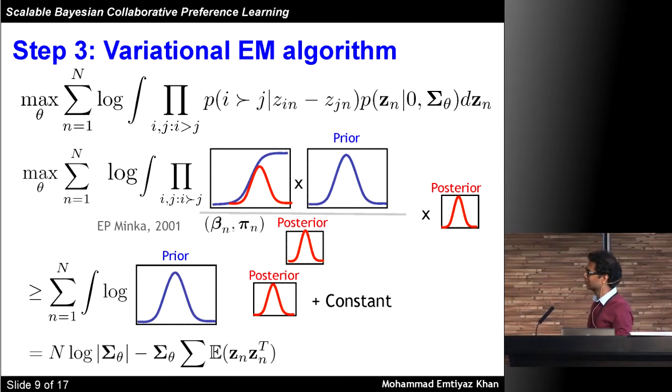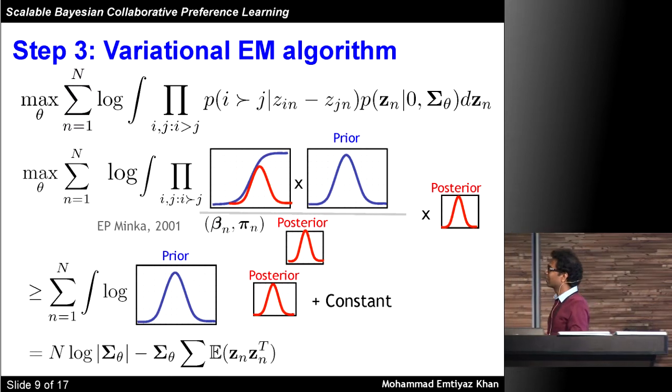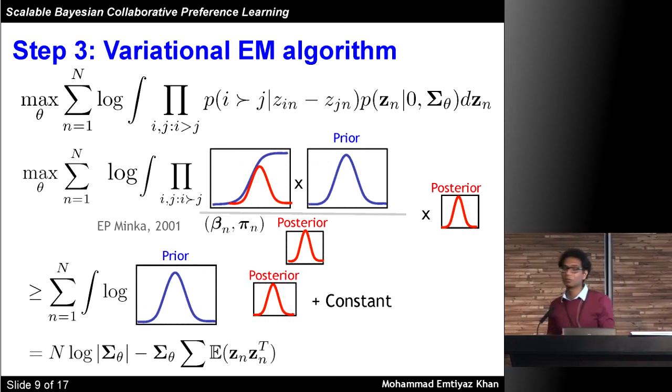So that's how this looks. I put everything else in the constant, and I have the log prior. I take the expectation with respect to the posterior, and this is Gaussian, so you could write it in closed form like this. It turns out you only need the second moment of the posterior. So what you need to do is use EP or some other approximation method to compute this posterior, and then compute the second moment.